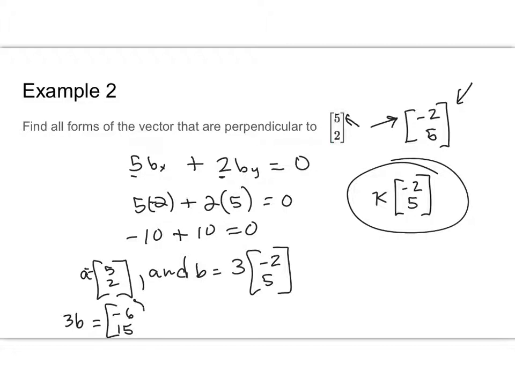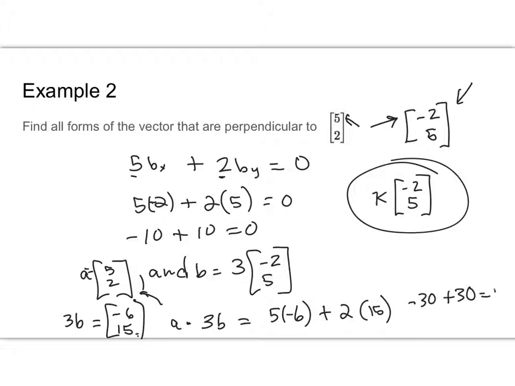Not quite so obvious that the dot product here will be 0, but a dot 3b is going to equal 5 times -6 plus 2 times 15, which is -30 plus 30, which is 0. So any scalar multiplied by our first vector here is going to give us a dot product of 0.